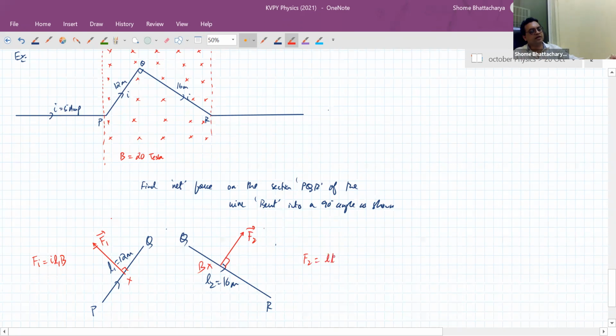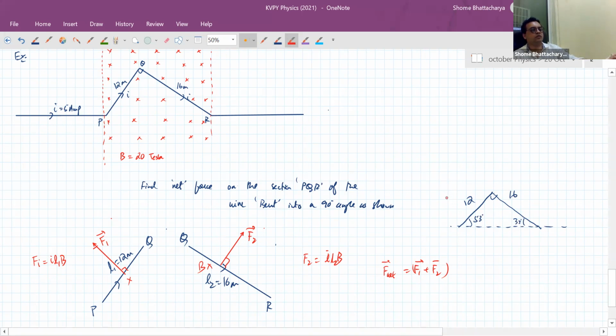F2's magnitude is I L2 B. So the net force will become the vector sum of F1 and F2. And you'll have to work out the geometry. When you work out the geometry, you'll understand from the values given. This is 12, this is 16, and this is 90 degrees. Draw this line. This angle is 53, and this angle is 37.